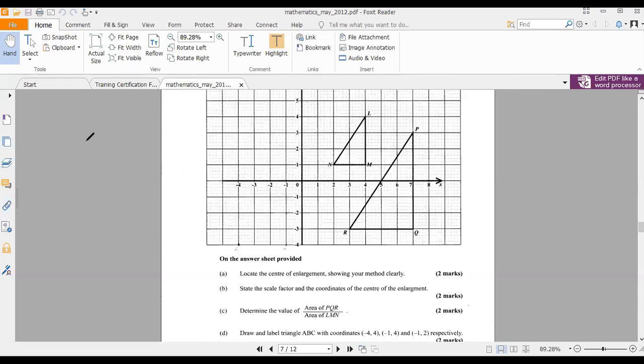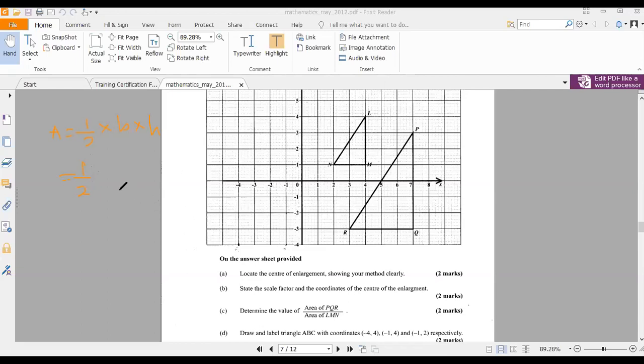This is a right angle triangle, am I right? So the area of this is going to be half times the base times the height. So this gives me half, my base will give me 1, 2, 3, 4.